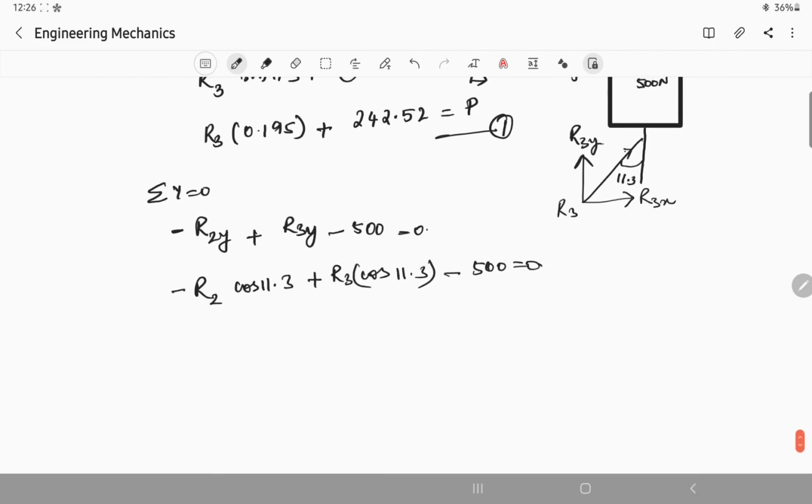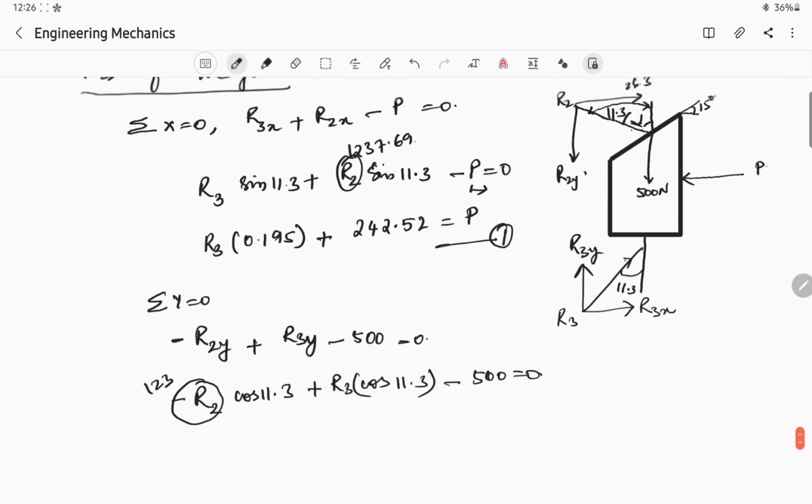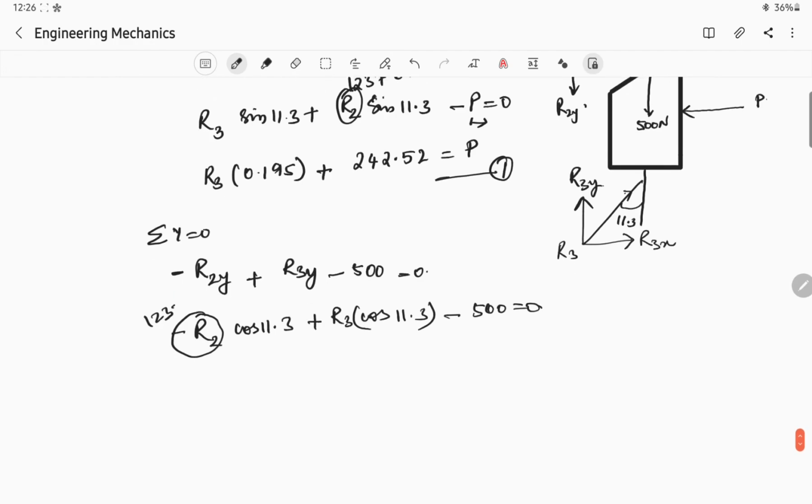What is the value of R2? We have the value of R2 as 1237.69. If you solve this, 1237.69 into cos 11.3, you will get 1213.69.